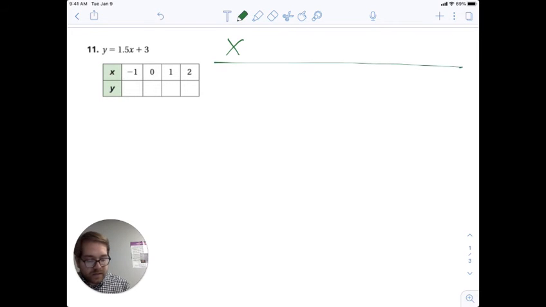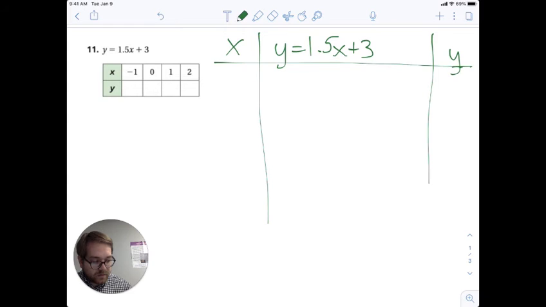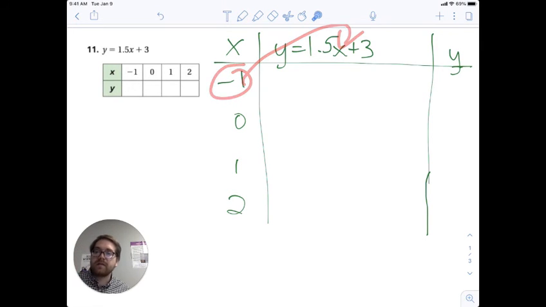Okay, I got my xy table, x on one side, my function right here, and my range over here. And then I'm going to put each of my domain values here, and I'm going to plug them into for x. Okay, it's 1.5x plus 3, and so I'm going to plug each of these values in for x.